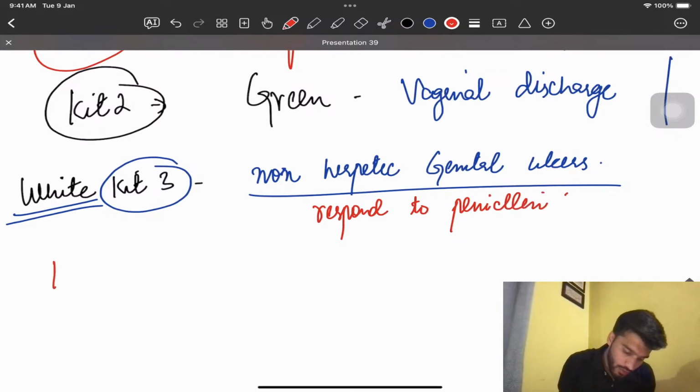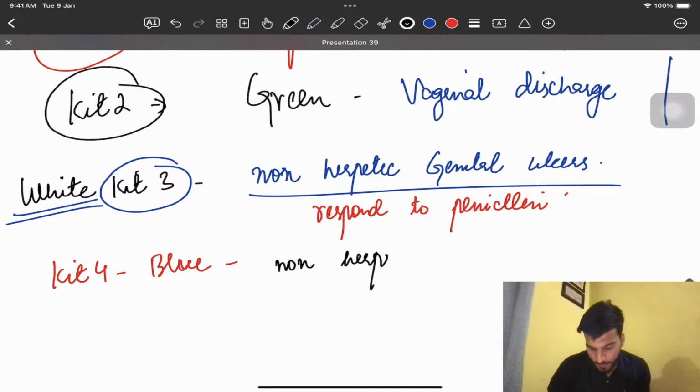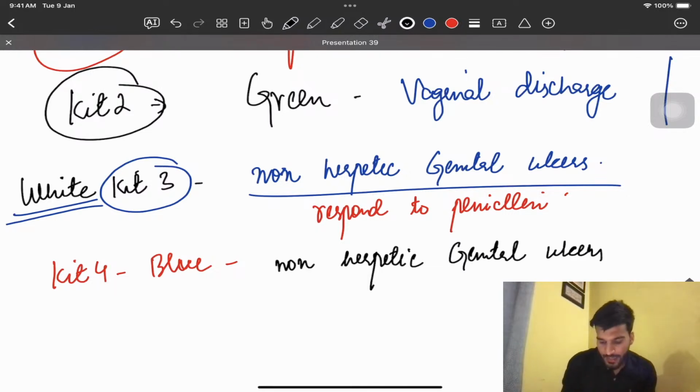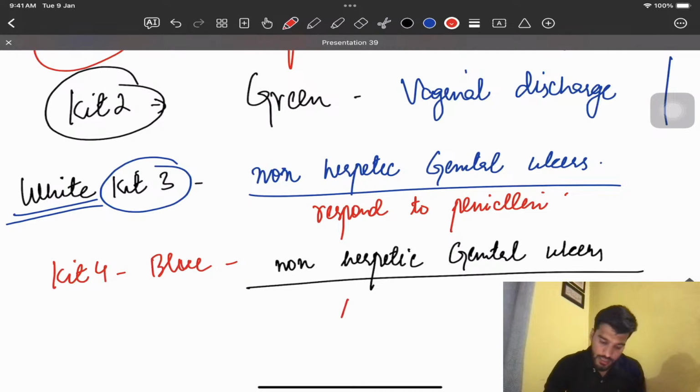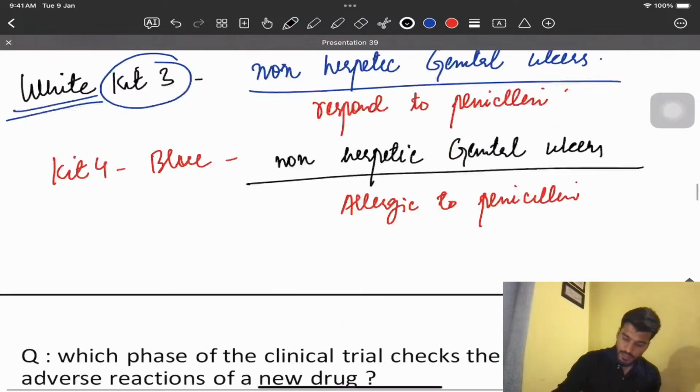If I talk about kit 4, my dear students, you have blue color. It will again be for non-herpetic genital ulcers, but these patients will be allergic to penicillin.